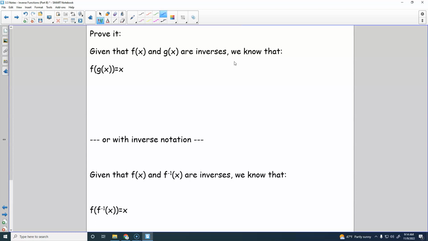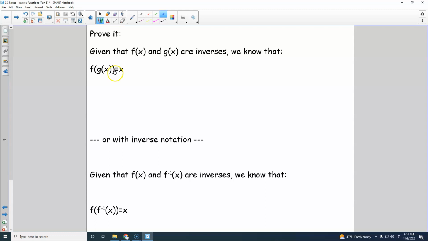So to prove that this formula we're going to use works, it is a given fact that if f and g are inverses, we know f of g of x equals x. Correct? All right, so I need to know about the derivative of the inverse.